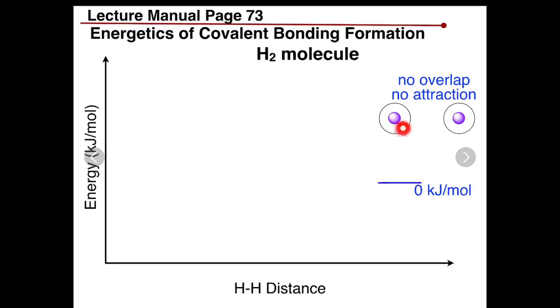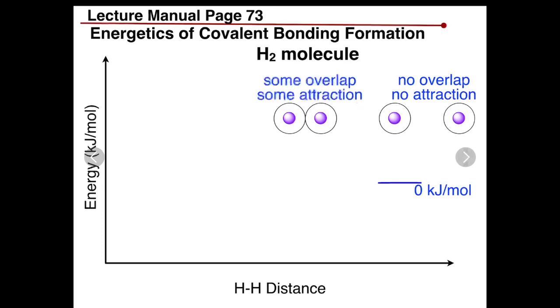Before you push them together, or before the overlapping, the energy at this point will be 0 kilojoules per mole, which means there is no interaction, nothing happening. But once we push these close together, the orbitals start to get closer and start to overlap a little bit, so the attraction will start to increase. When the attraction between the two atoms increases, the energy would drop.